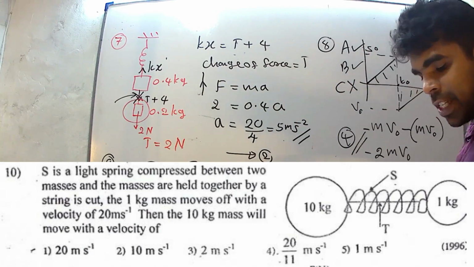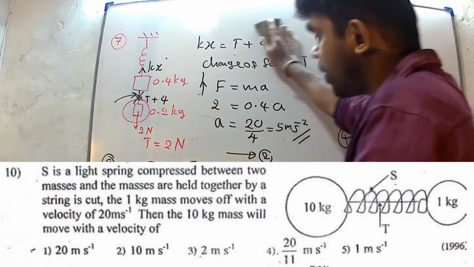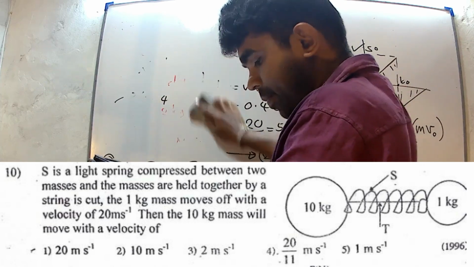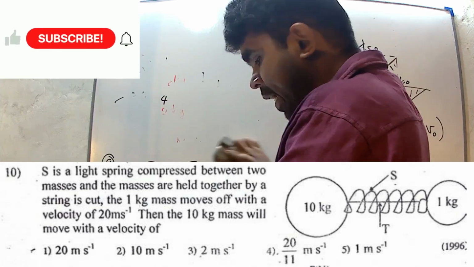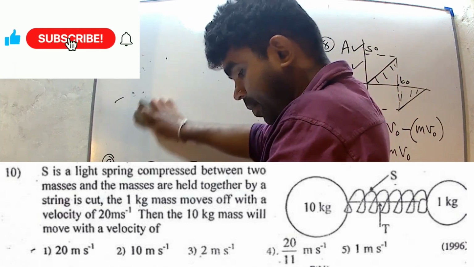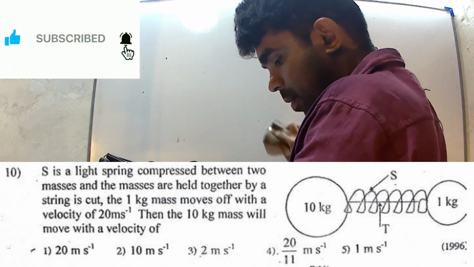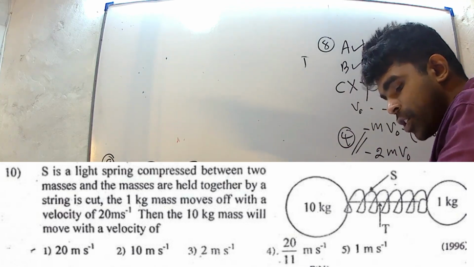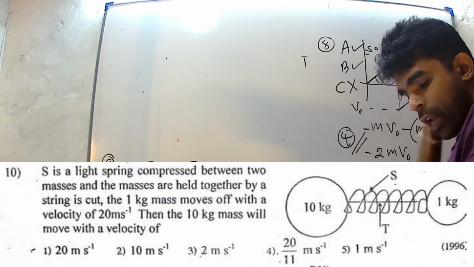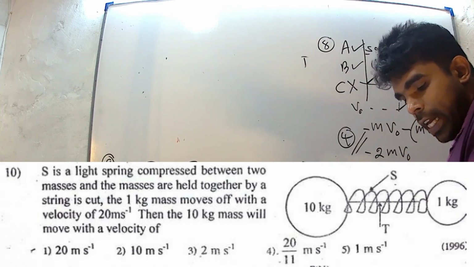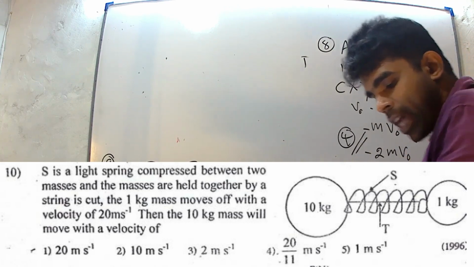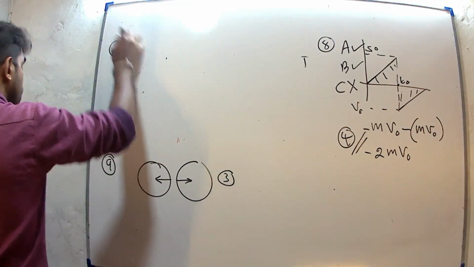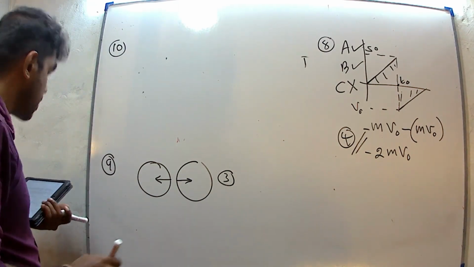A light spring is compressed between two masses, and the masses are held together by a string. The string is cut. 1 kilogram mass moves off with velocity 20 meters per second, then 10 kilogram mass will move with what velocity? We have to find the velocity of 10 kilogram mass.